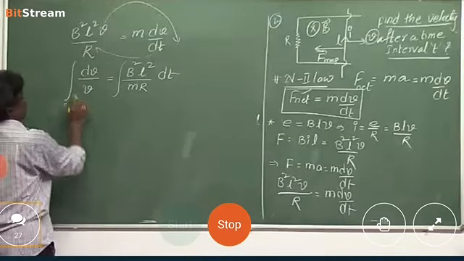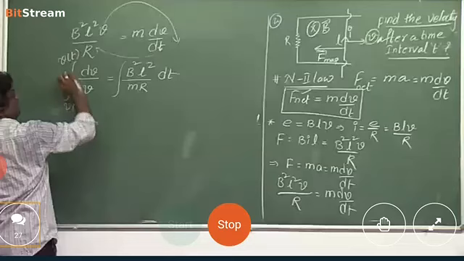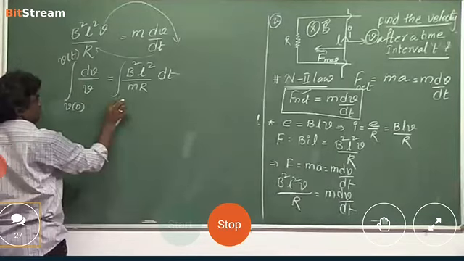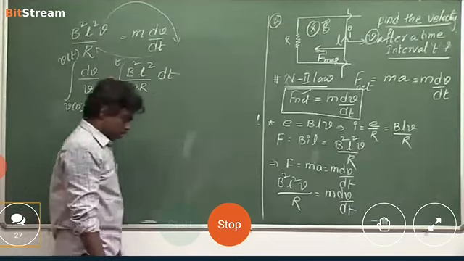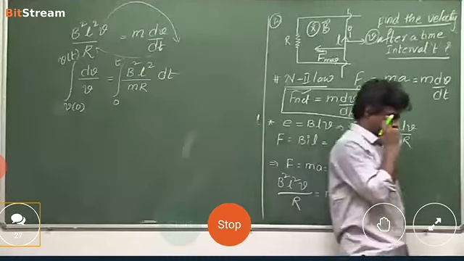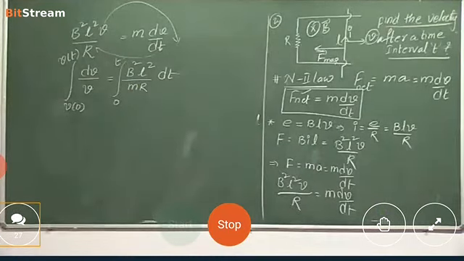Initial velocity v of 0, final velocity v of t, and this one 0 to t. Come on, do it. Integral of 1 by x is log x. I hope everybody knows how to solve that.